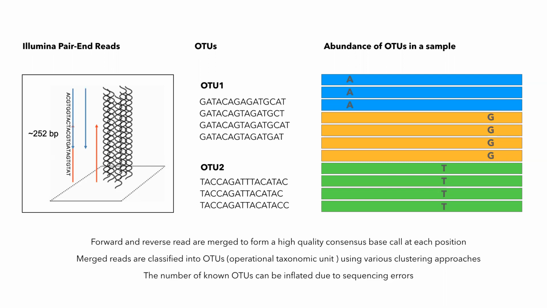So the number of known OTUs can be inflated due to sequencing errors. So for example, if you look over here on this side, if they all contain a similar variant from some reference, we will say that, okay, these all belong to the same group. And so that's how we are organizing our information after sequencing, right?